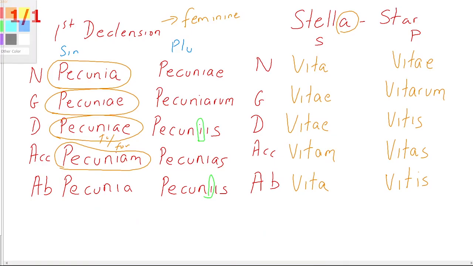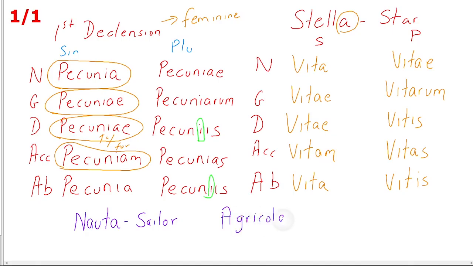So we have nauta, which means sailor. Then you have agricola, which means farmer.